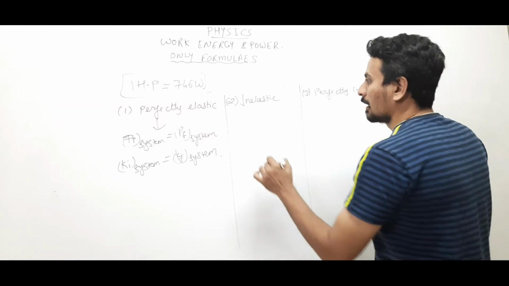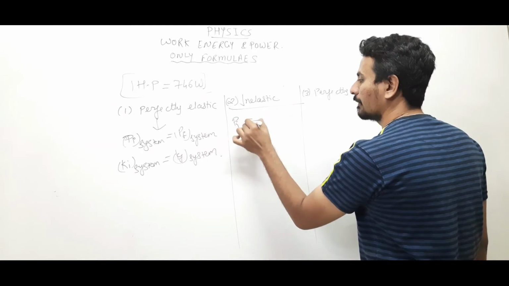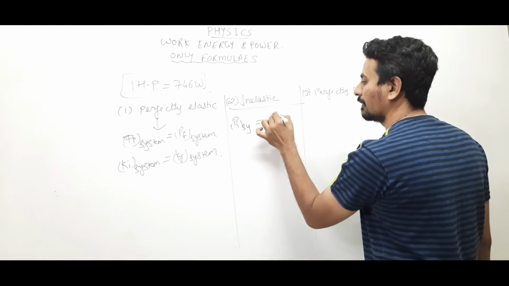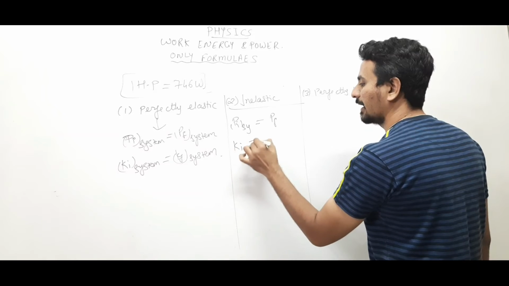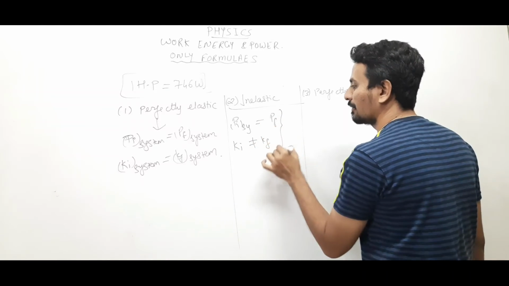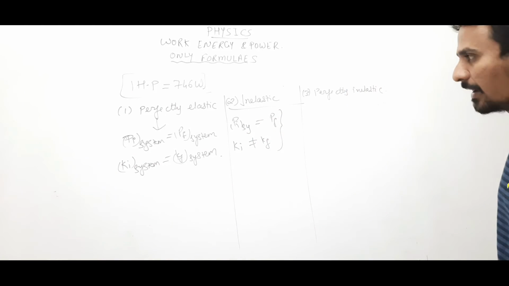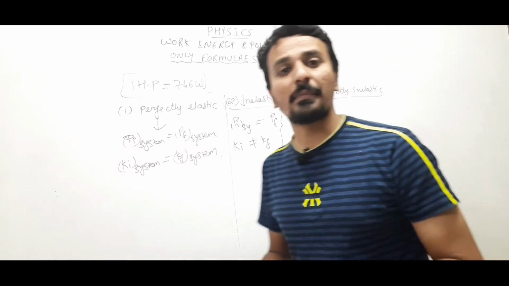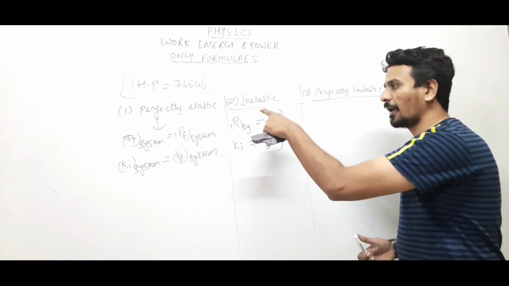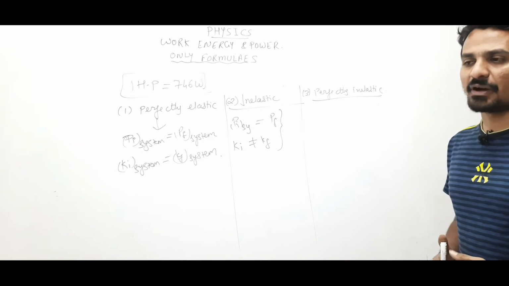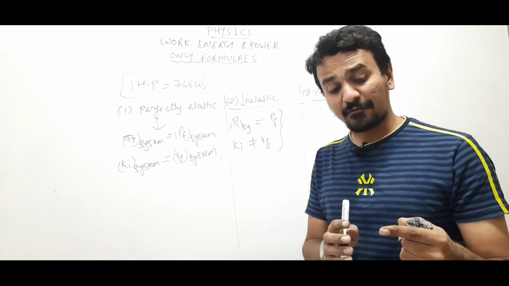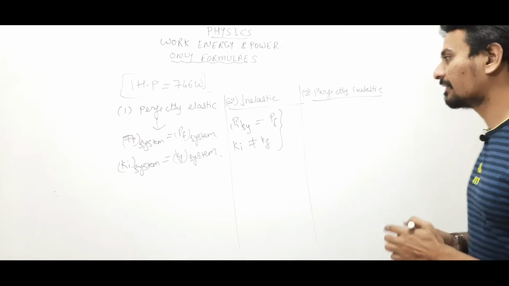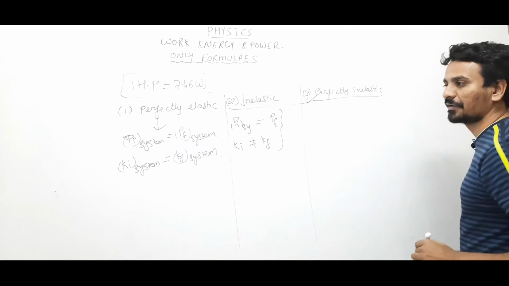Okay. In inelastic collision, of course, you can compare the momentum, that means initial momentum of the system equals final momentum, but their kinetic energy will not be the same. I am talking about the whole system, not of a single body. Same for perfectly inelastic collision. I also said that if they are not mentioning the type of collision, go for inelastic collision, or else if the question says that after the collision both the bodies will move together as a single body, then consider it as perfectly inelastic collision, right?